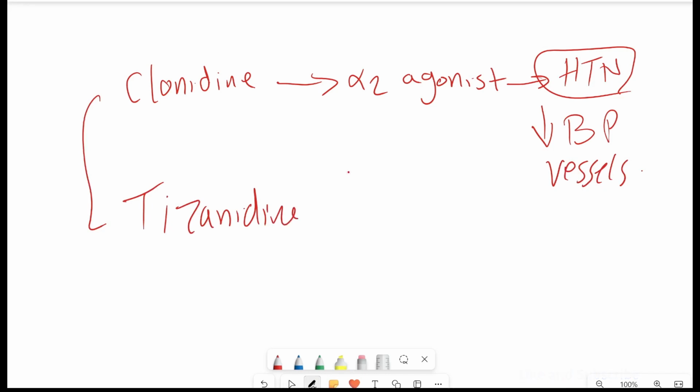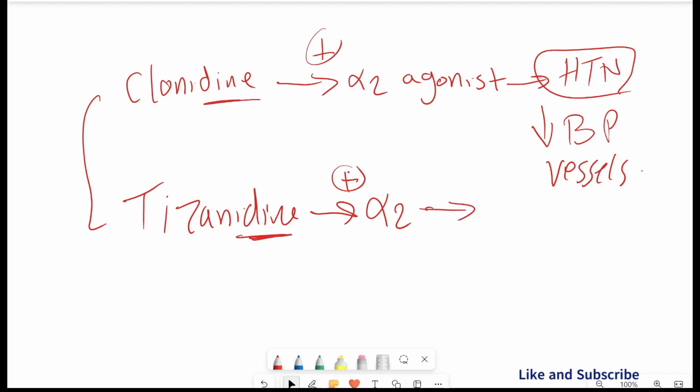Tizanidine stimulates alpha 2, the same as here, and you can look at the suffix here, tizanidine, clonidine. We are talking about the neurons. So clonidine works on the neurons, centrally acting, but the effect will be on the blood vessels. Tizanidine works on the neurons, and the effect will be on the central nervous system and muscle relaxation.